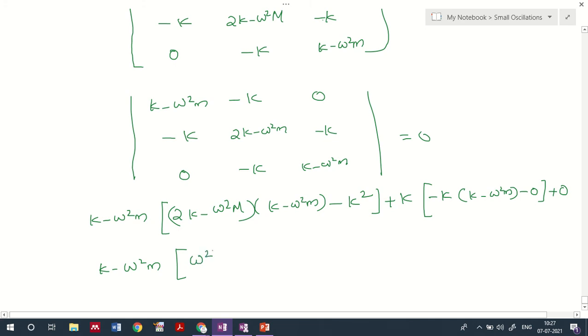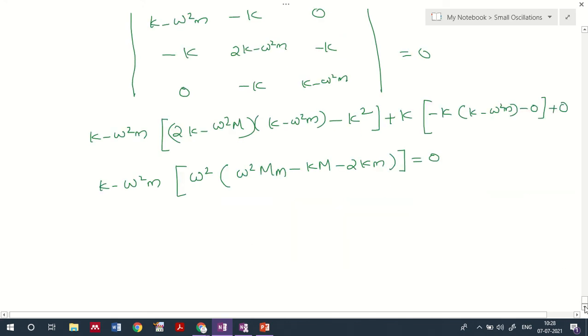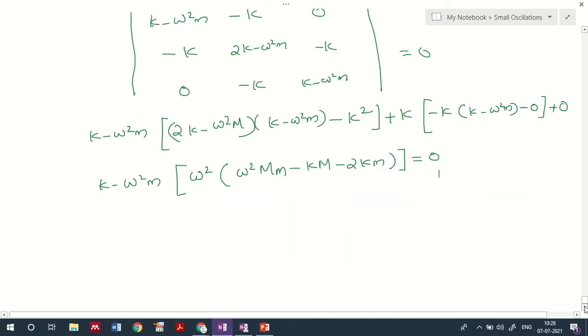The entire equation takes the form omega square into omega square capital M minus k capital M minus 2km, and it should be equal to 0. So if you take the determinant, the final representation will be like this.